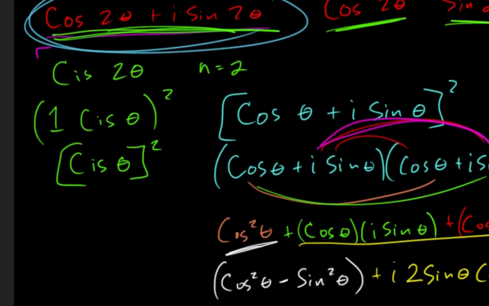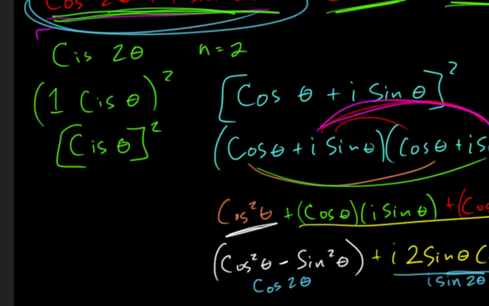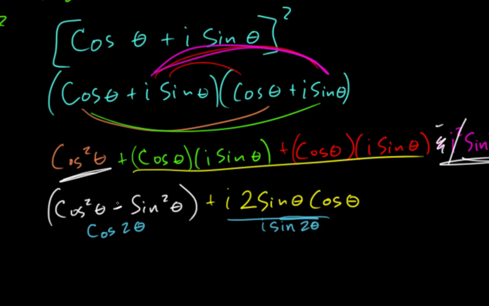So right here is cosine of 2 theta, and this over here is going to be i sine of 2 theta. So we're just going to say cosine of 2 theta is equal to cosine squared theta minus sine squared theta.